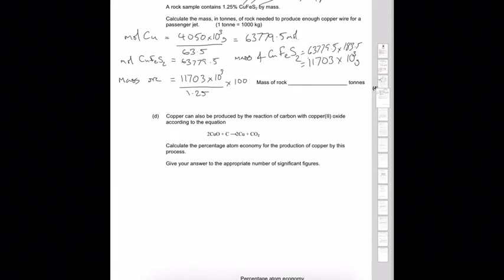And that should give us a much bigger mass. Nine three six 0.00000 grams, but that needs to be converted into tons, so we divide by 1,000,000.